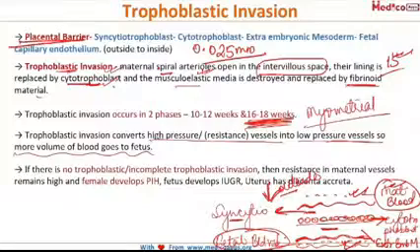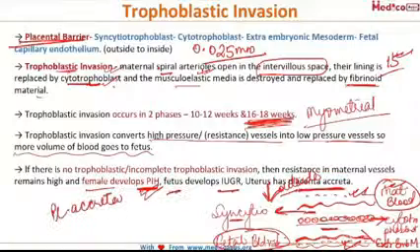This is called uteroplacental insufficiency, and this overall condition results in PIH, that is pregnancy induced hypertension in the mother, IUGR in the fetus, and the placenta becomes placenta accreta as it invades deeper and deeper into the myometrium so as to meet the nutritional requirements.